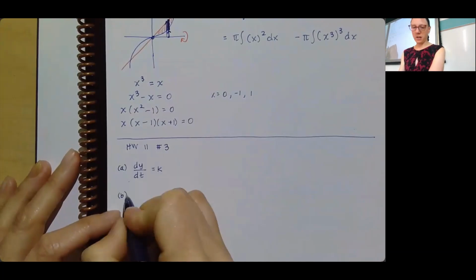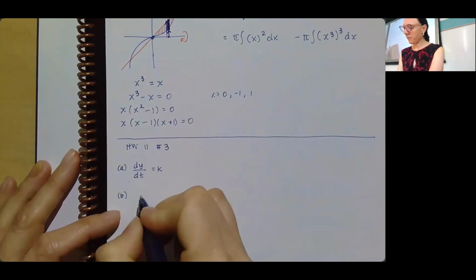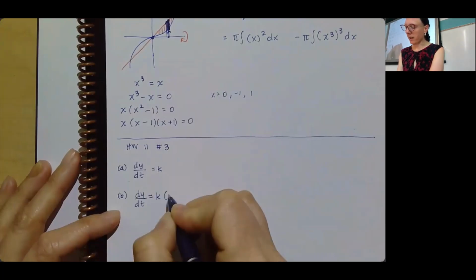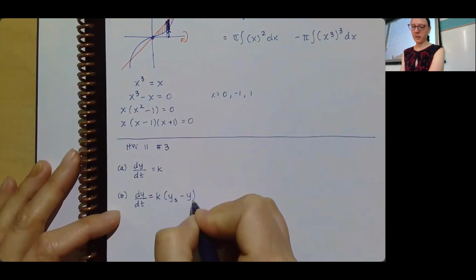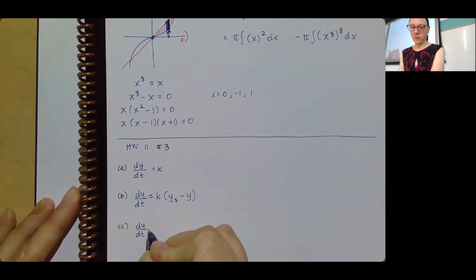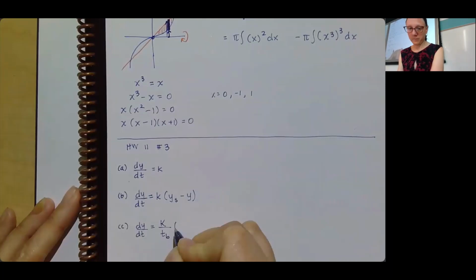In 3B, we've got a model that looks like this. And in 3C, we've got a model that looks like this.